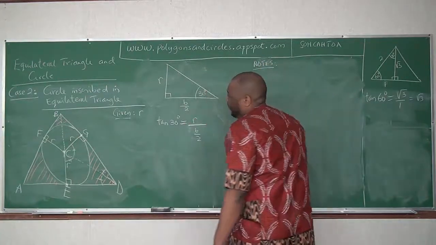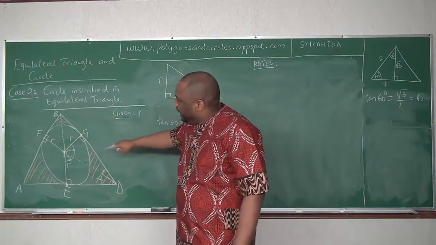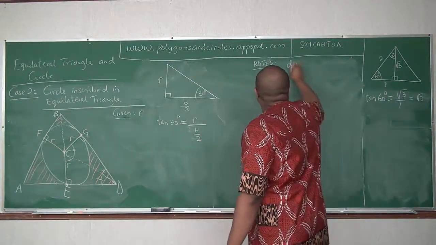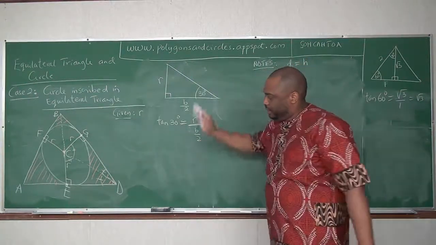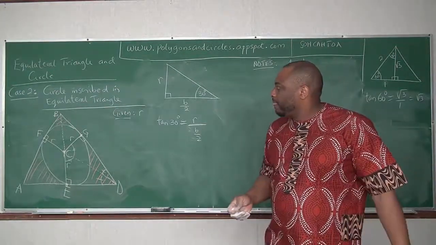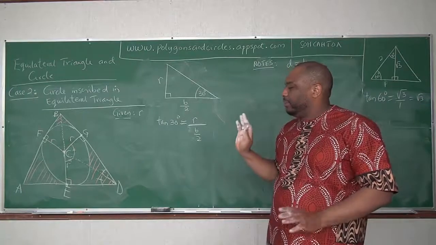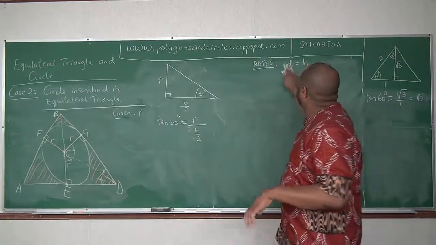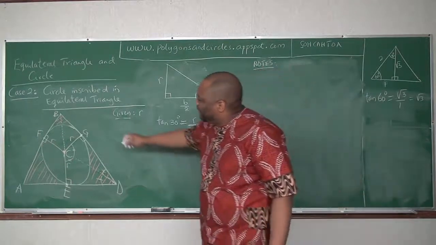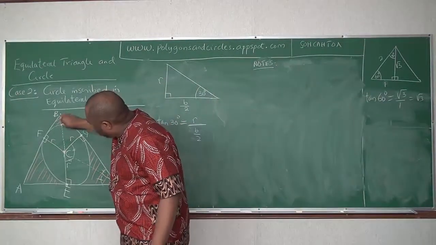The diameter of the circle is the perpendicular height of the triangle. Okay? The diameter, sorry, I take it back. Not the diameter of the circle, I'm sorry. Because the diameter of the circle is from here.